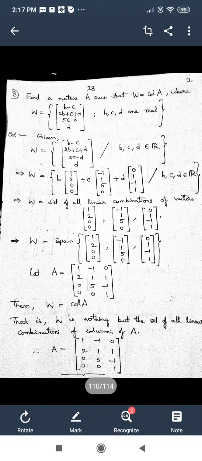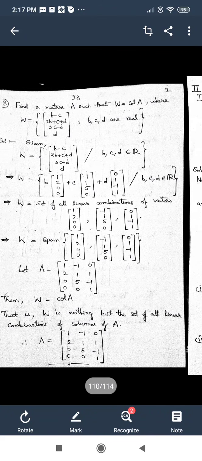So this is the last problem under first model which we have considered under Roman 1.